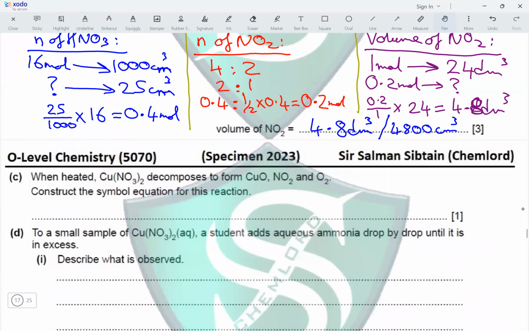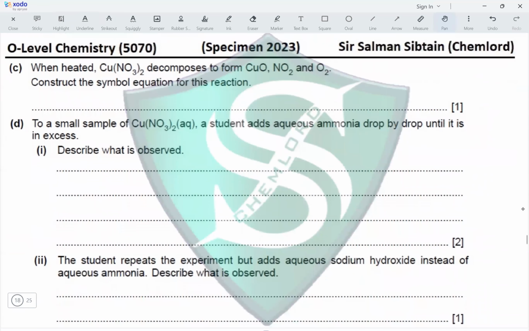Next, part C. When heated, copper nitrate decomposes to copper oxide, NO2 and O2. Construct the symbol equation for this reaction. So basically we need to put down the actual equation for the decomposition of copper nitrate.